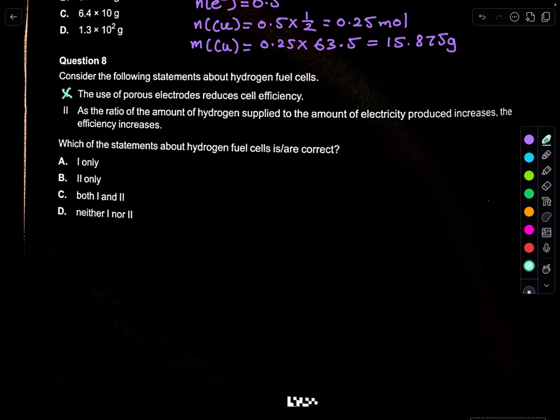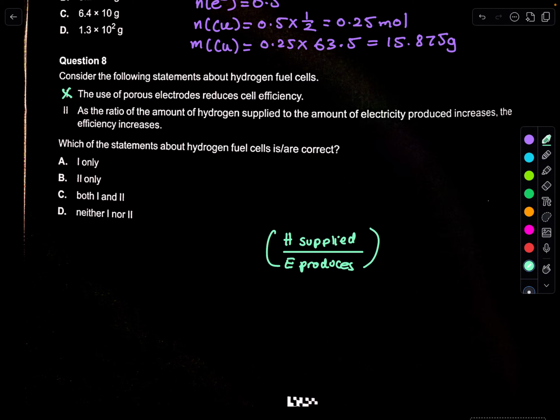As the ratio of the amount of hydrogen supplied to the amount of electricity produced increases, the efficiency increases. What? Wait. So it's a ratio, a division sign here, of the hydrogen supplied to the electricity produced.